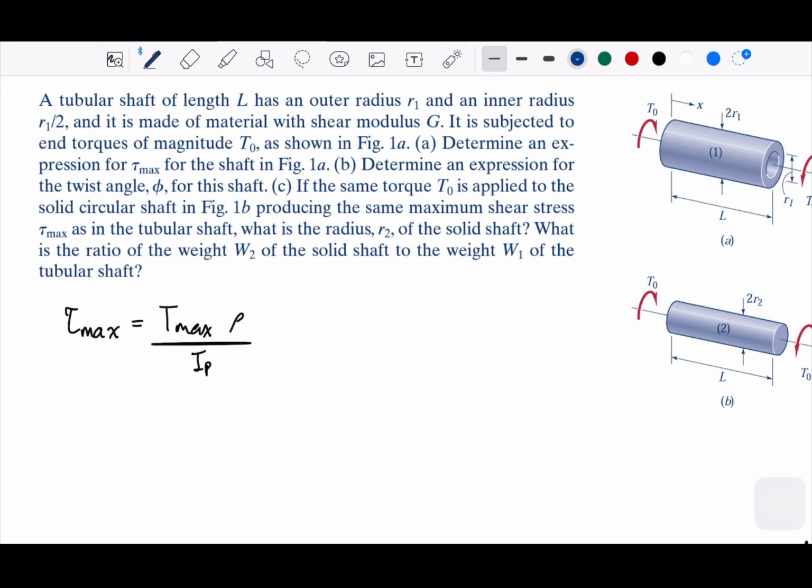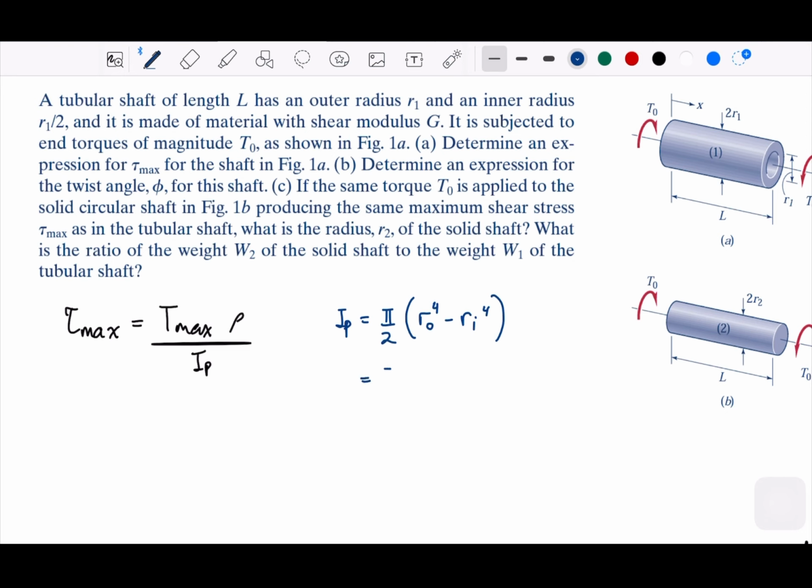Okay, let me write the inertia first. The inertia for the tubular shaft is pi over 2 times outside minus inside, with power of 4.